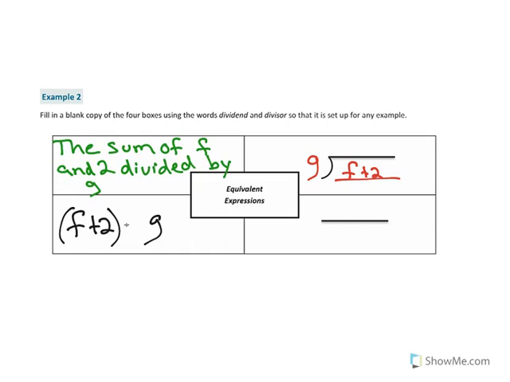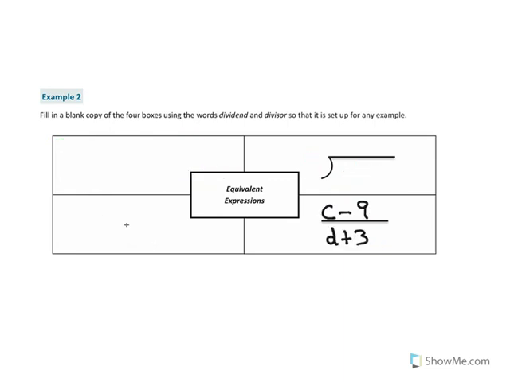That being the case, what goes in the bottom, the denominator? G goes in the denominator, and f plus 2, which is our dividend, goes in the numerator. All right, I hope you're getting the hang of this now.